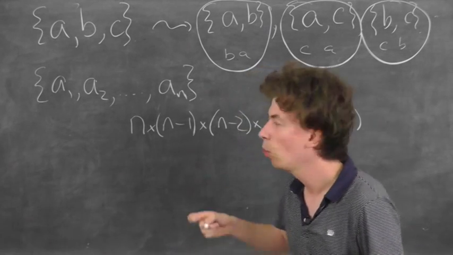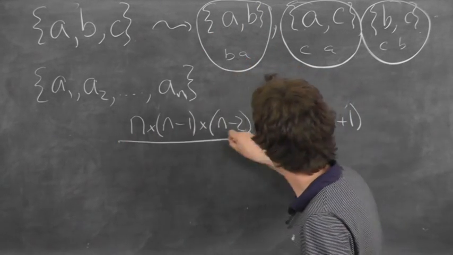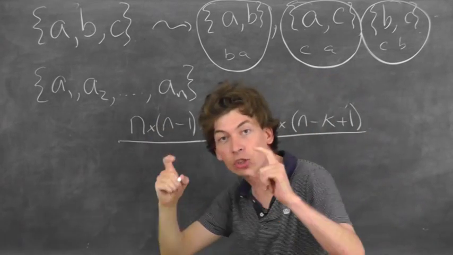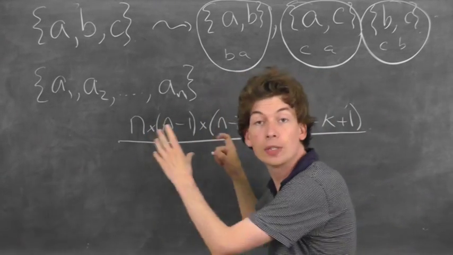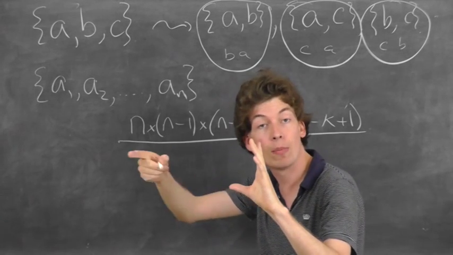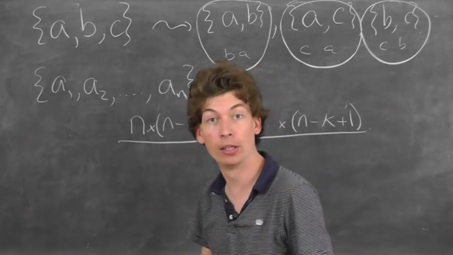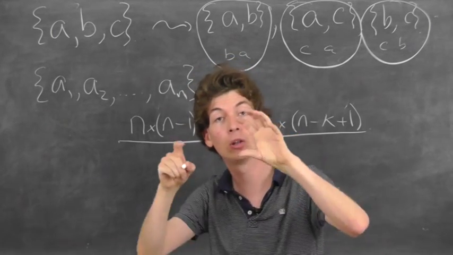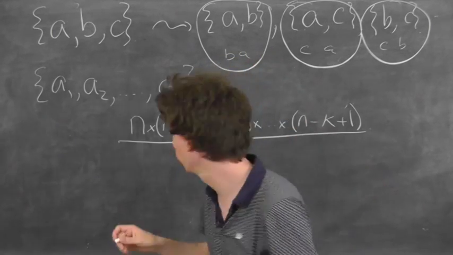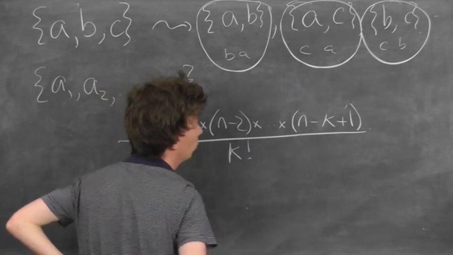But now we've got a lot of double counting here, because for each such choice of elements, if we choose k elements, we can order them in k factorial ways. This is something that we've just learned. So we have to identify k factorial of each choice. So we have to divide by k factorial.